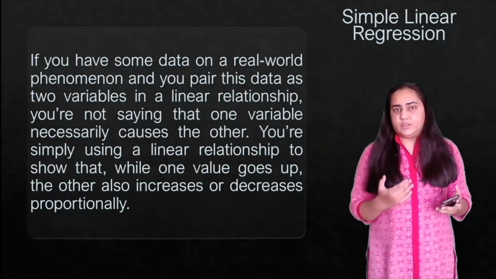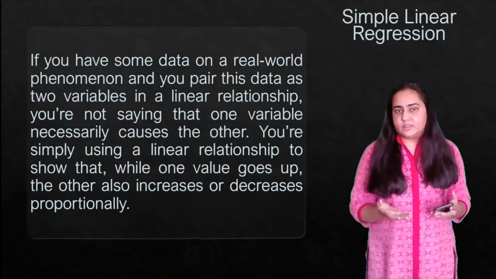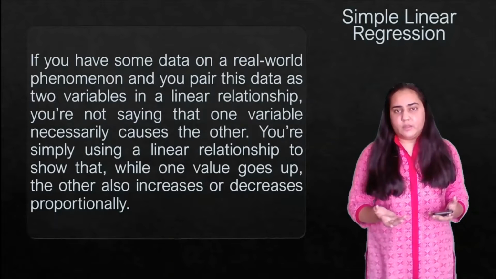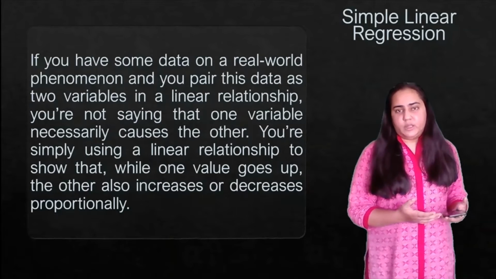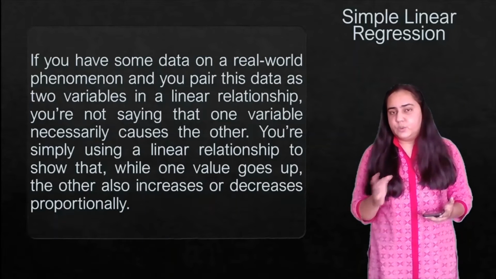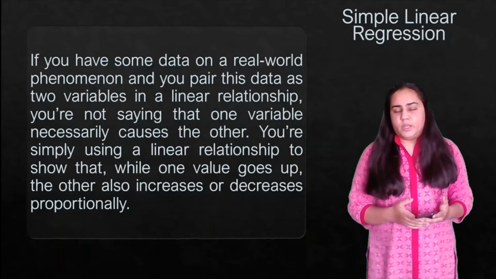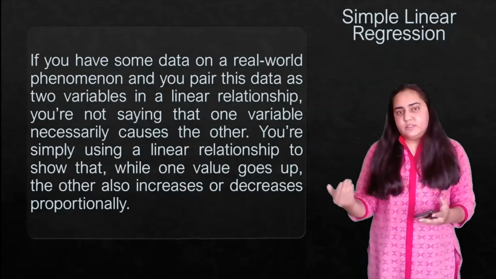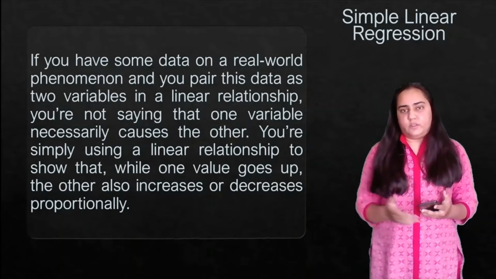That's not what you're saying. What you're saying is that using a linear relationship, you're showing that when one value goes up, the other also increases or decreases proportionally. So you just want to show that one variable depends for its value on another variable.